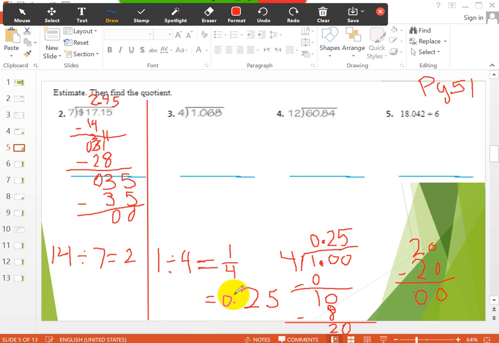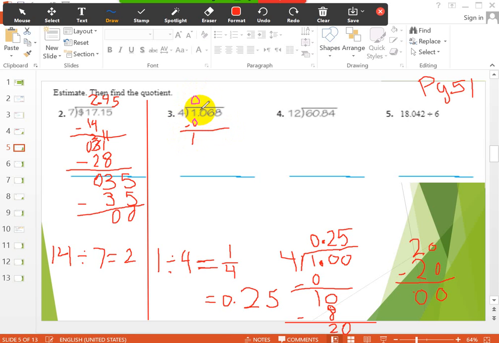So look, the first digit in the quotient will be 0, because when I divide 1 by 4 it equals 0, right? Because I can't divide 1 by 4, so the value of the ones will be 0. 0 times 4 equals 0, and if you subtract, the answer will be 1.